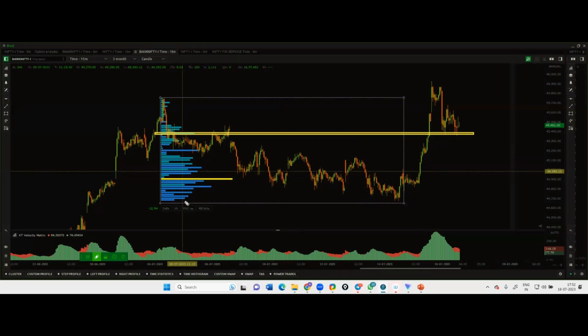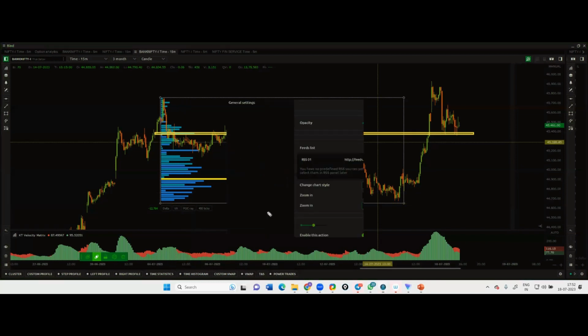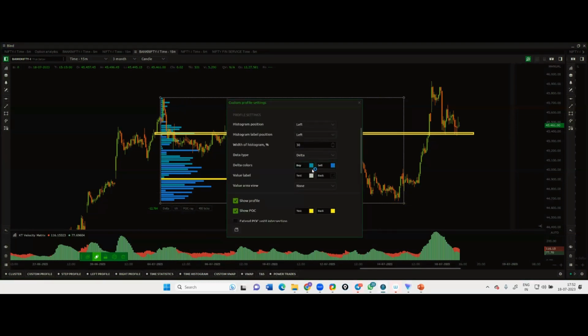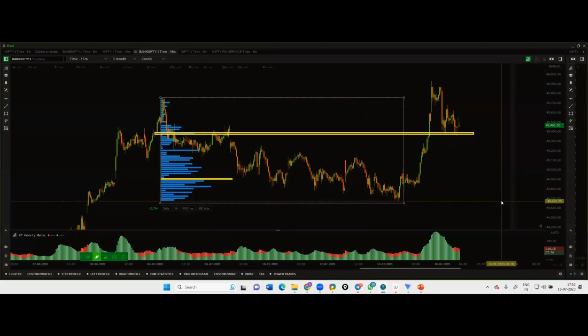It's not just volume or just price. Clear? Just because you see a large green delta bar doesn't mean that you are going to buy into the market. Just because you see a large red delta number doesn't mean you are going to sell into the markets. Delta doesn't work that way.